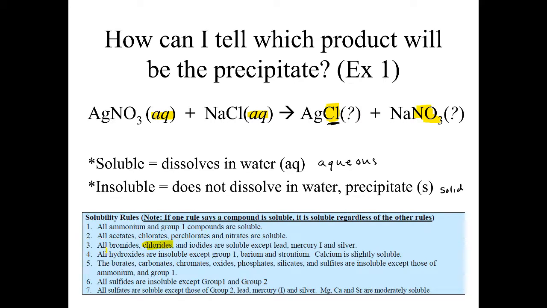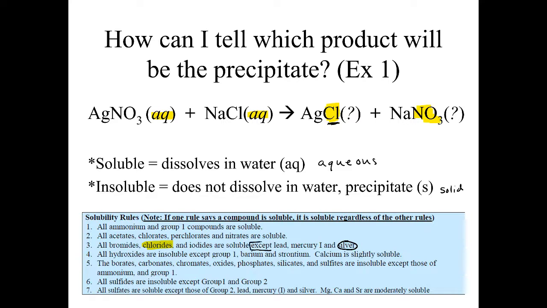And so it says all chlorides are soluble. Okay, so in general, chlorides tend to dissolve. But now we need to check the exception. So it says except lead, mercury 1, and silver. Okay. So if we look, what atom do we have in the front? We have silver.